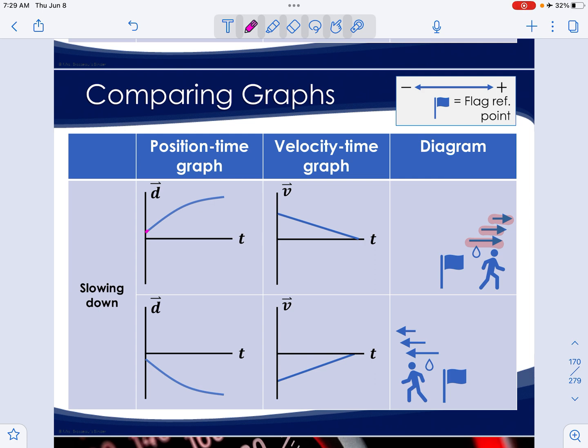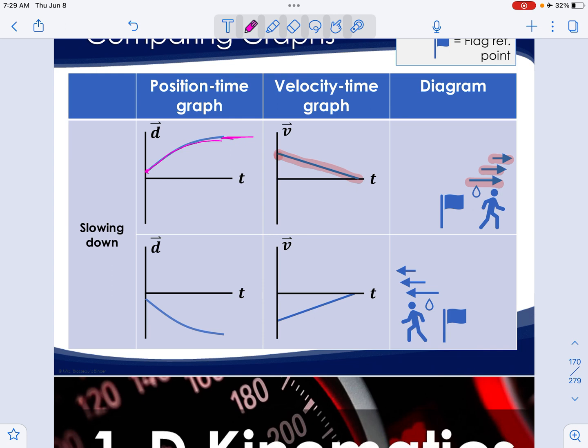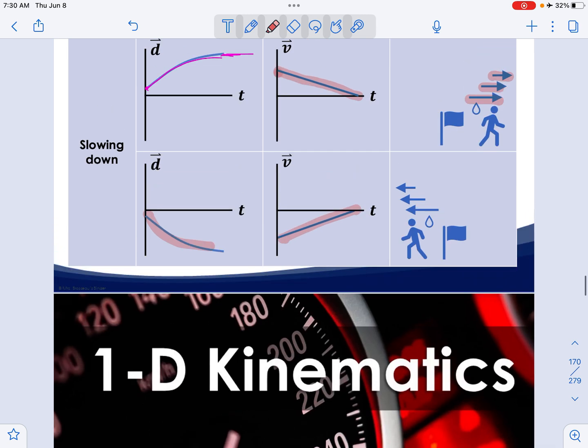He starts with a higher velocity and is slowing down until he stops. So the position goes like this, and once the velocity reaches zero, the position is just going to stay constant. And again, it does the flip for the other side.